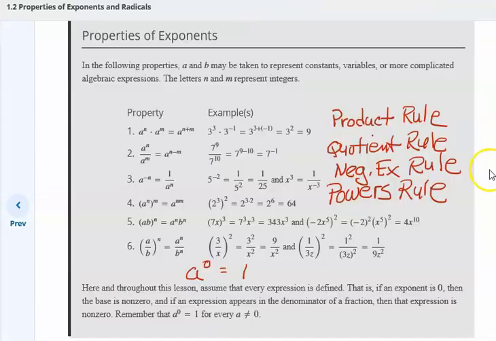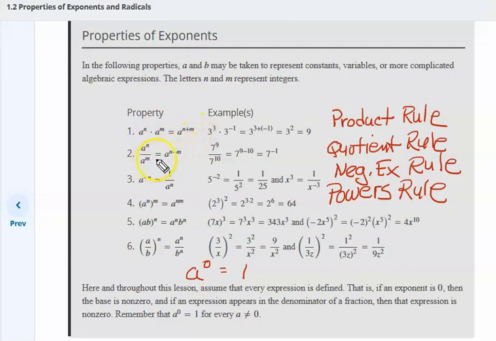Okay, here are the rules, in a sense, summarized, that we've been mentioning here. We finally got to them. So this is called the product rule, where our bases are the same. We're multiplying, so we add the exponents.